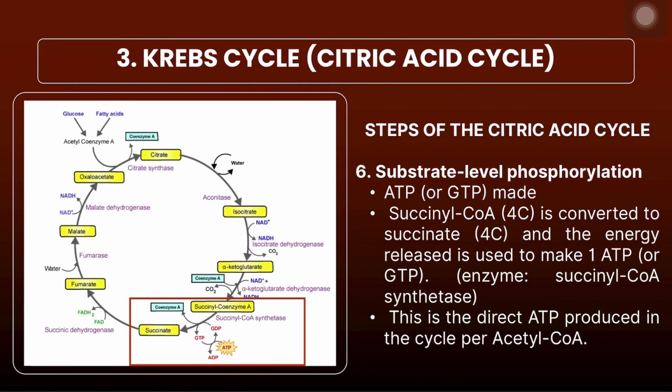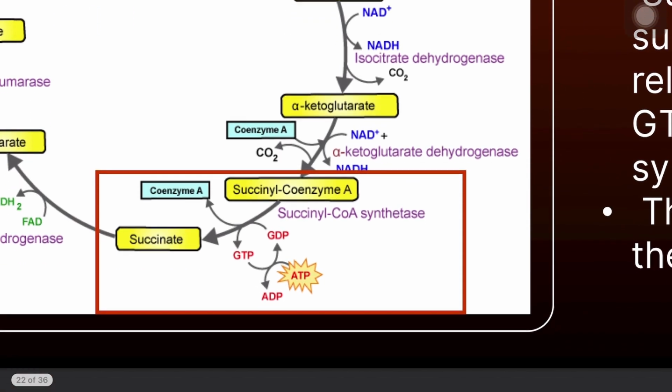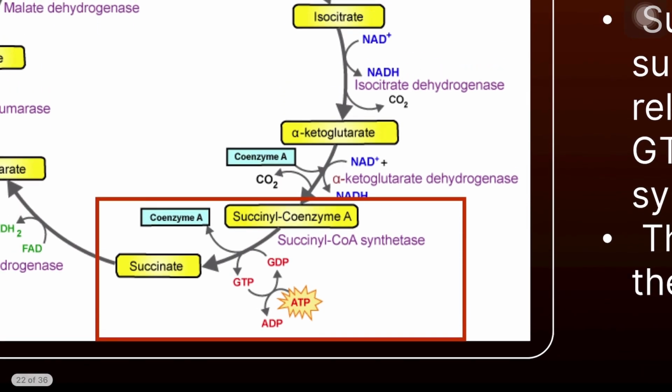So for the next step, the substrate level phosphorylation, the molecule succinyl-CoA is changed into succinate. When this happens, the energy released from breaking the bond of the succinyl-CoA is immediately used to make 1 ATP, or sometimes GTP. Because the energy is immediately used to make 1 ATP, it is called substrate level phosphorylation.